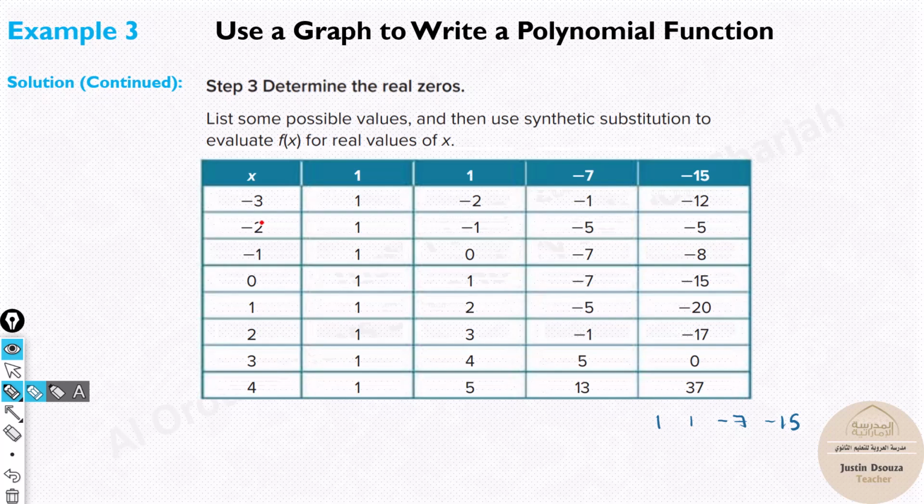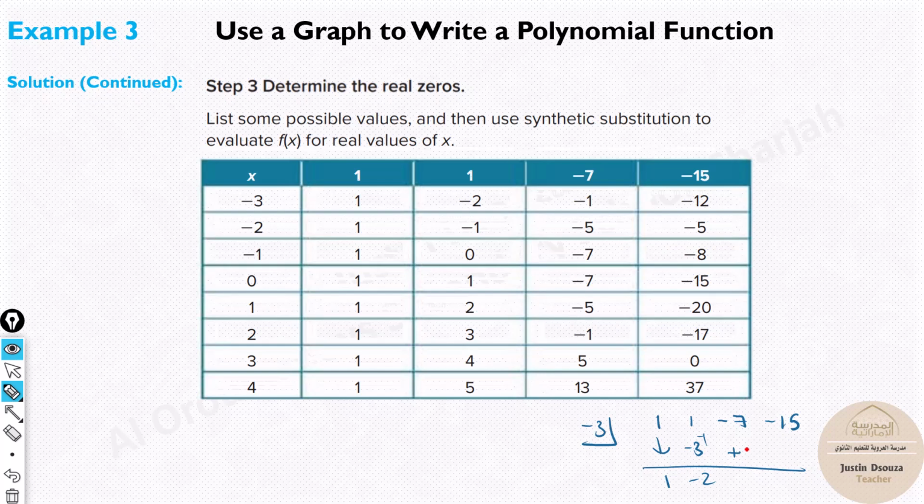What are they? They are just assumed. You just assume certain random values and divide. So I will write over here minus 3 and I will do synthetic division. This term comes down, so over here you have 1, and then 1 times minus 3 is negative 3. Add them up, it will be minus 2.